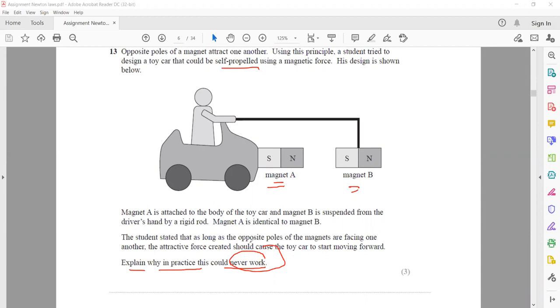So why could this never work? According to Newton's law, action and reaction forces are equal but opposite in direction. So if magnet A is attracting magnet B, magnet B will also attract magnet A as well.